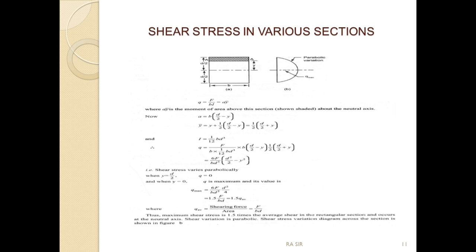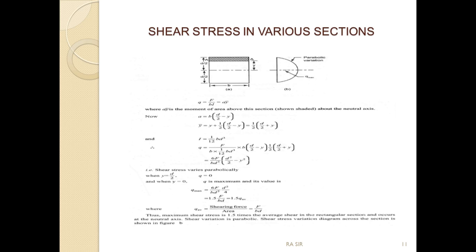Now since it is a rectangular cross-sectional area, I equals 1 by 12 b d cube, the moment of inertia, which is known to all. From the equation we derived earlier, q equals F by b I multiplied by A y bar, where we have to substitute the values.